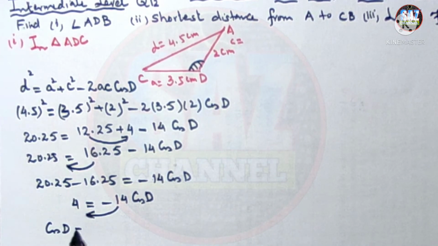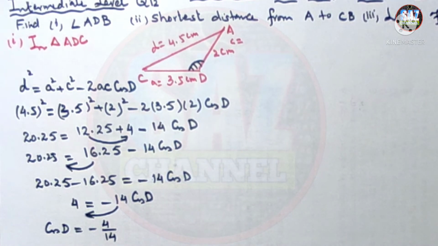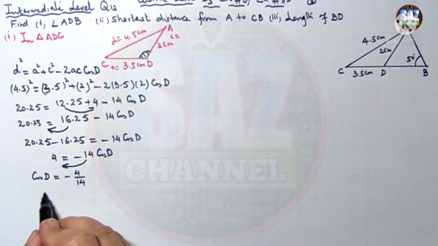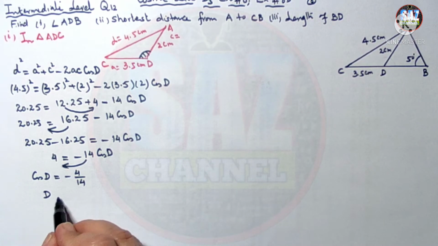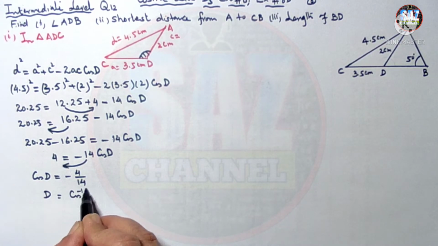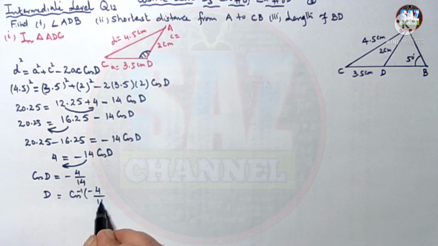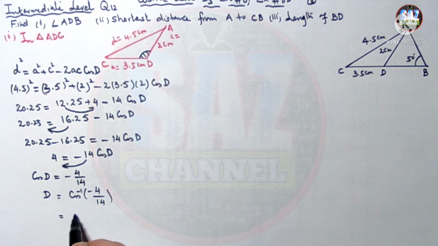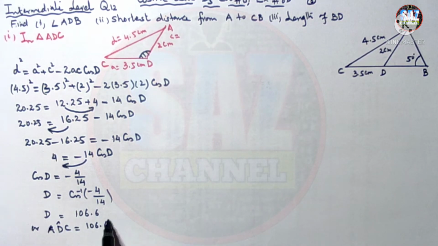Cos D equals minus 4 by 14, or D equals cos inverse of minus 4 divided by 14, and D equals 106.6. Okay, angle D, or what we can write is that this is CDA or ADC, ADC is 106.6 degrees.